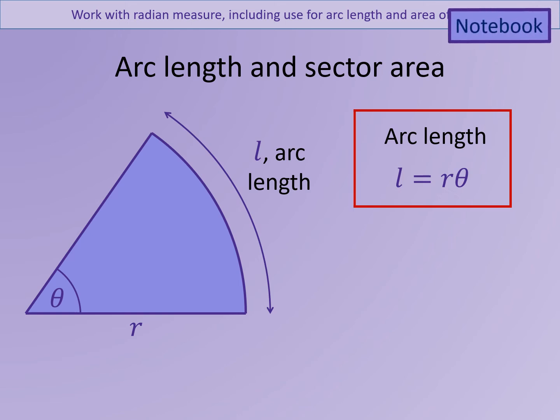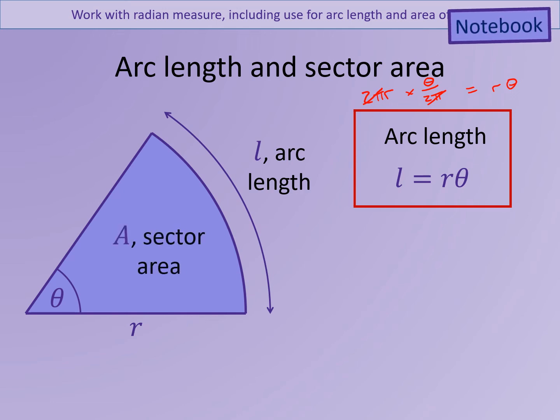The reason for this is that if we start with the circumference of a circle, which is 2 pi r, we can then multiply by the fraction of the circle that we have, which is theta radians out of 2 pi radians altogether. And we can see that the 2 pi here cancels with 2 pi here, leaving us just with r times theta.